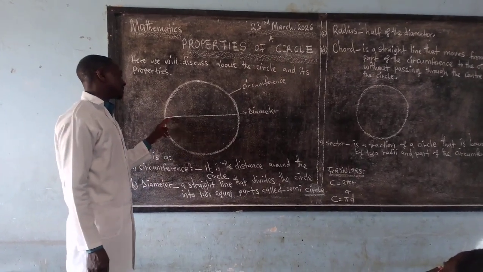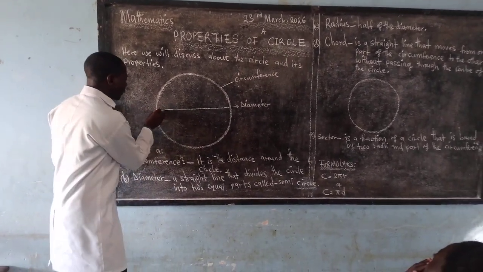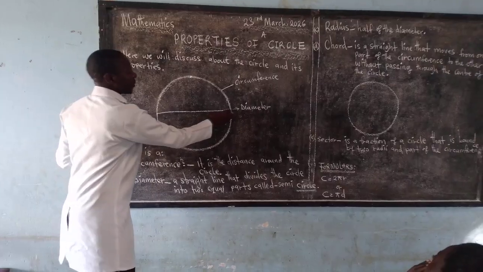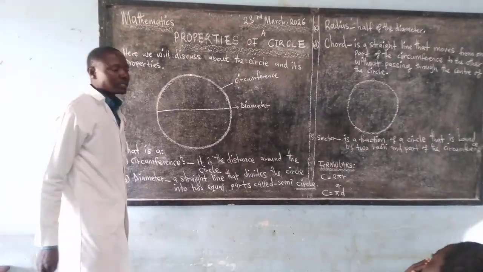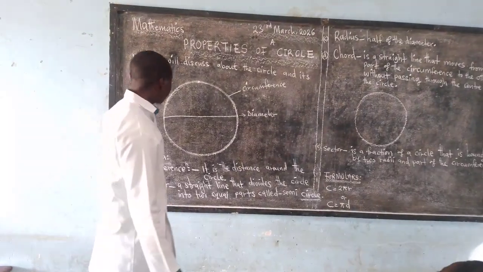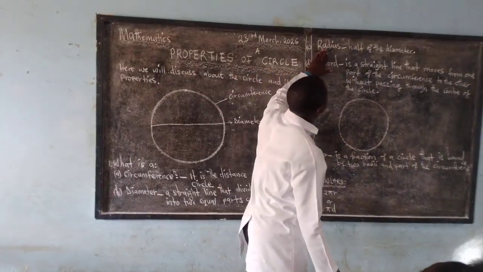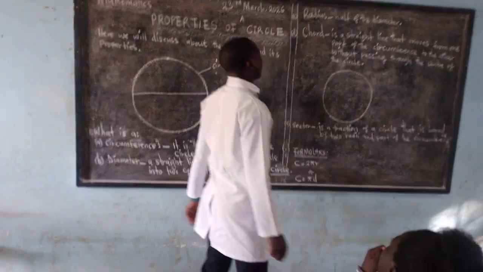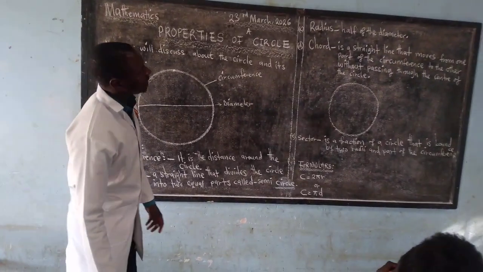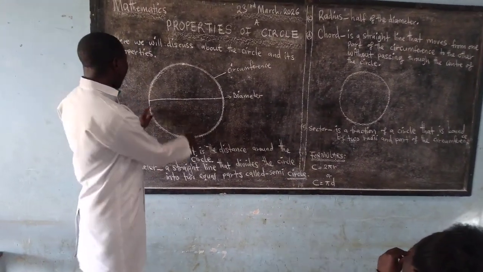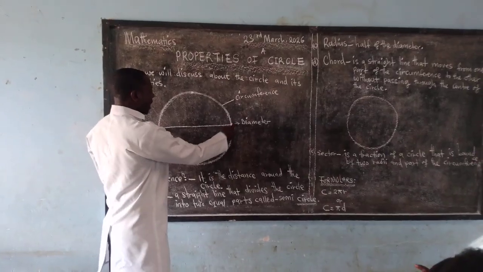A diameter is a straight line starting from one point on the circumference to another, cutting the circle into two equal parts. Another one: what is a radius? A radius is half of the diameter, half of this line.